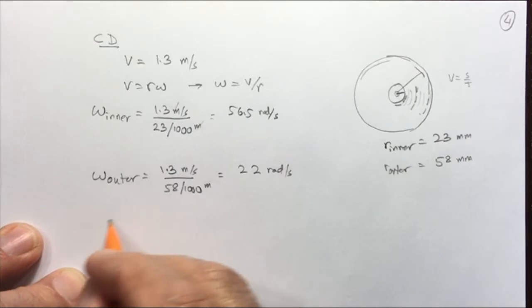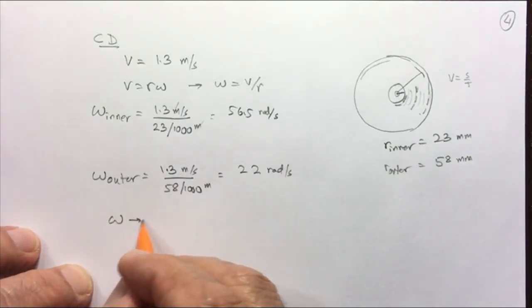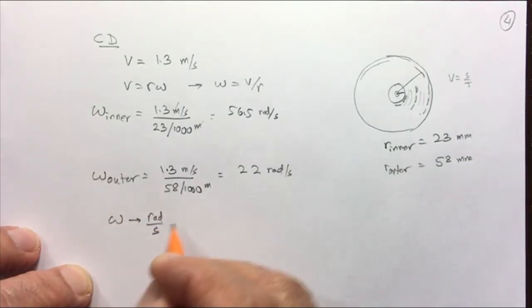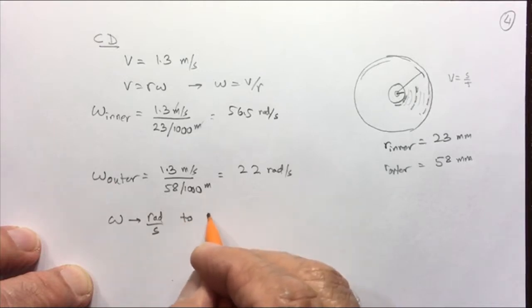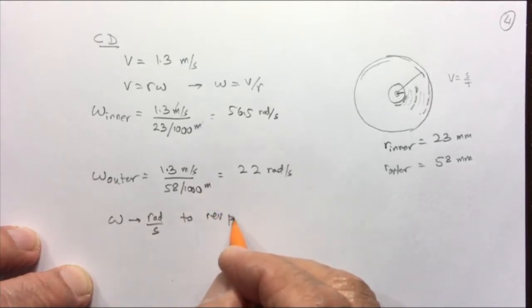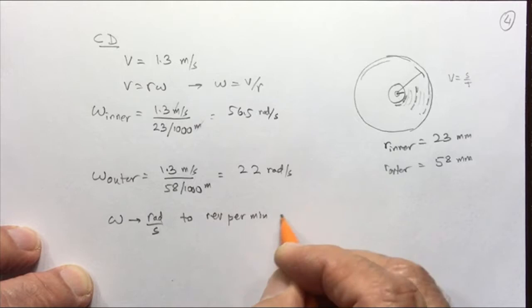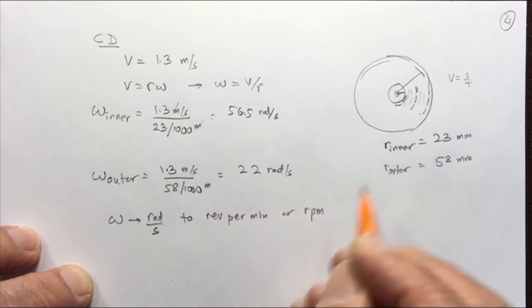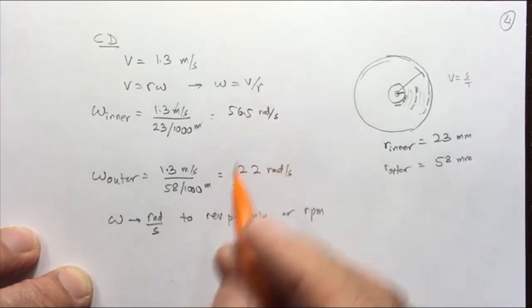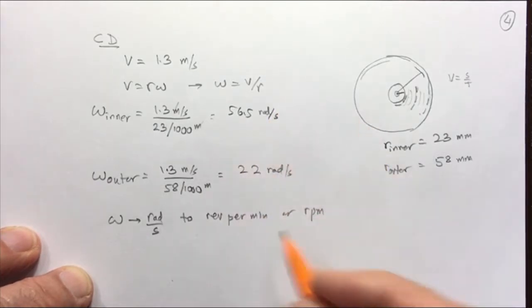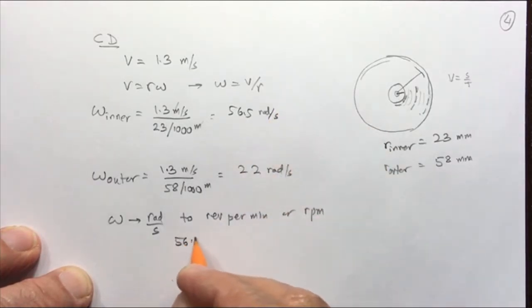Now, if you want to convert this omega from radians per second to revolutions per minute, or RPM, then let's do it for the first one. So it's 56.5 radians per second.